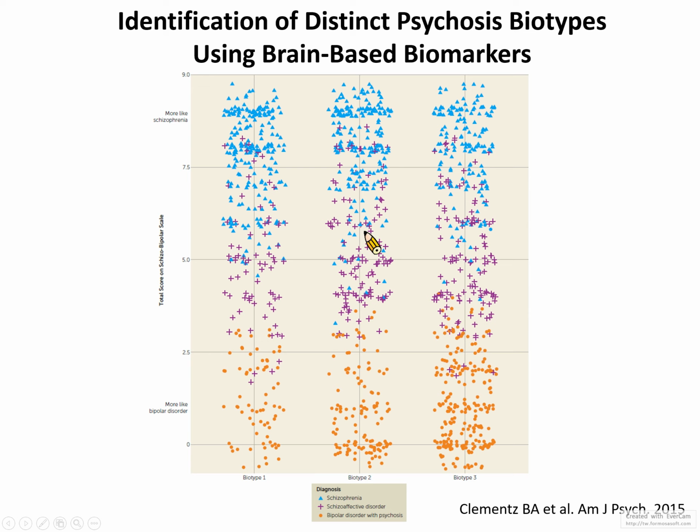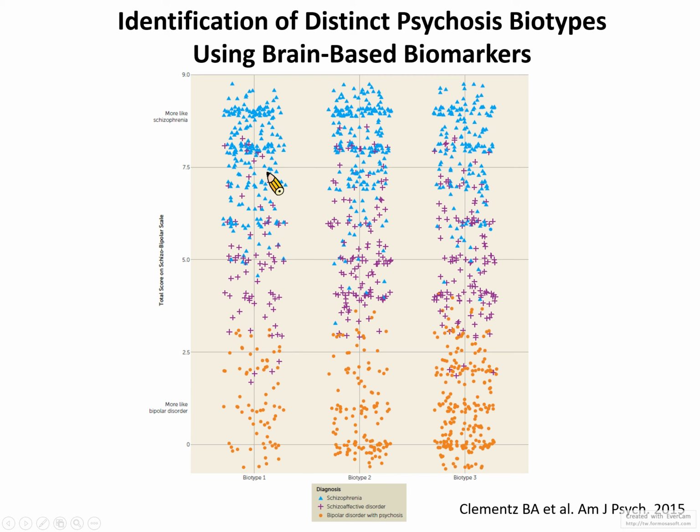They also use K-means clustering, defining K to be 3. Then you find that in biotype 3, this cluster has more bipolar patients than schizophrenia patients. And in cluster 1, there are more schizophrenia patients than bipolar patients.